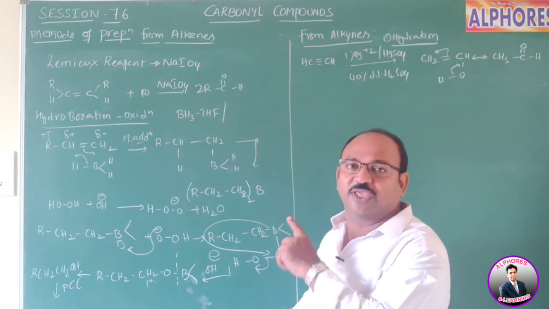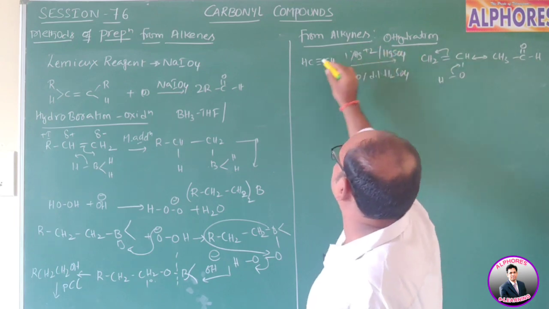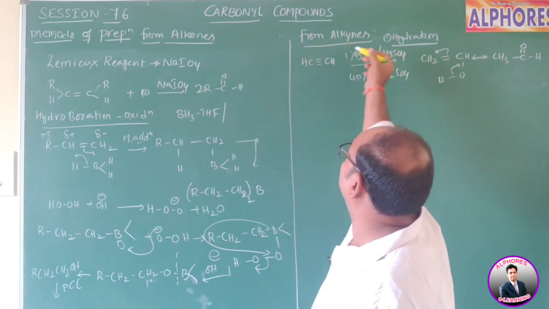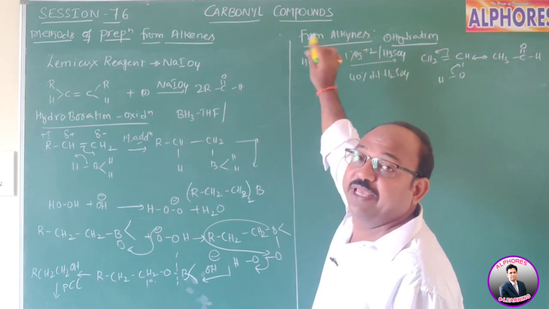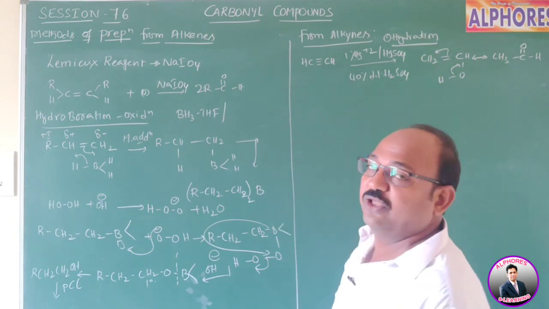In such a case, a water molecule cannot come and attack it. After Hg2+ comes and forms a 3-membered cyclic transition state like that, the water molecule approaches from the rear side, and we get the product enol.